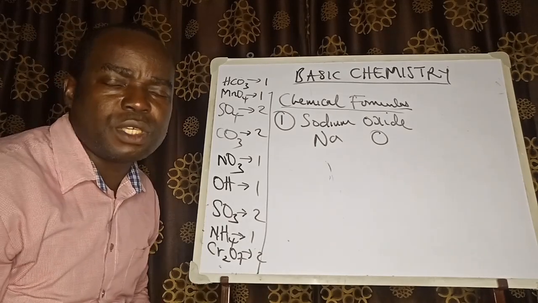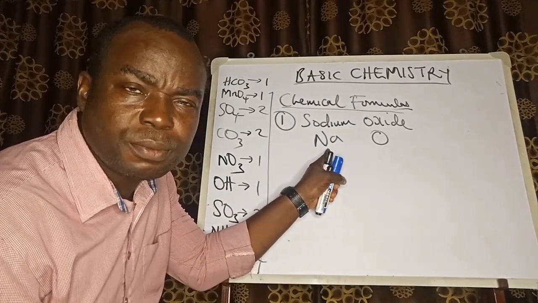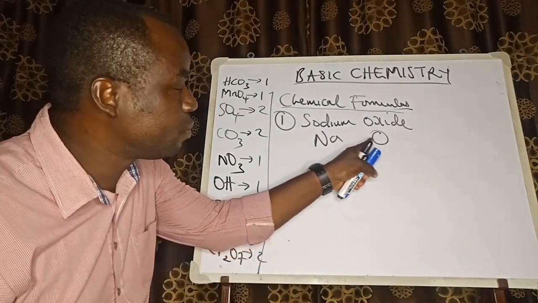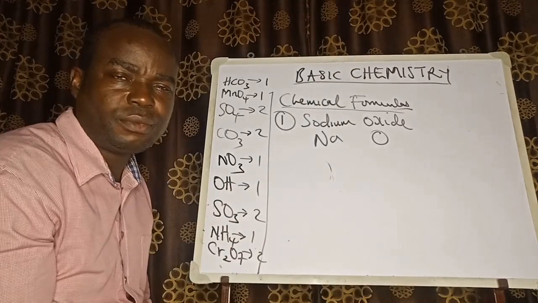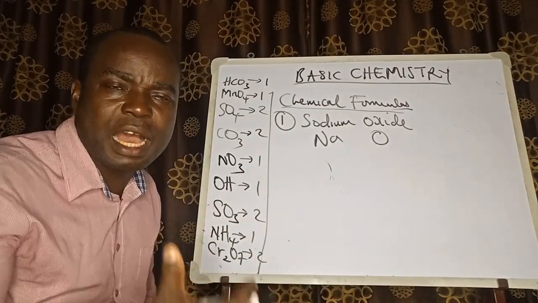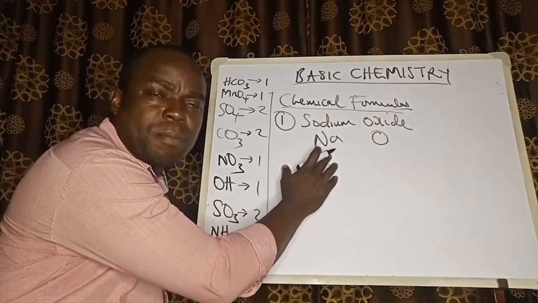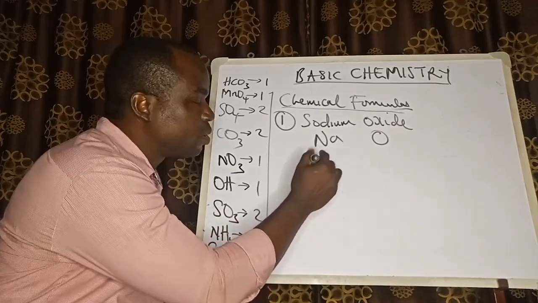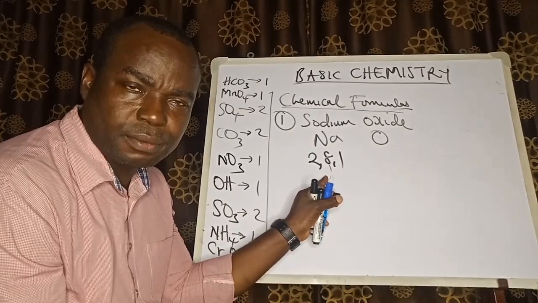What you will do now is find the valency for sodium and the valency for oxygen and switch them over. In the previous videos, I've taught you how to find valency. Sodium is number 11, which is 2, 8, 1.